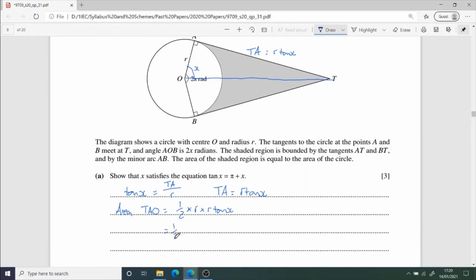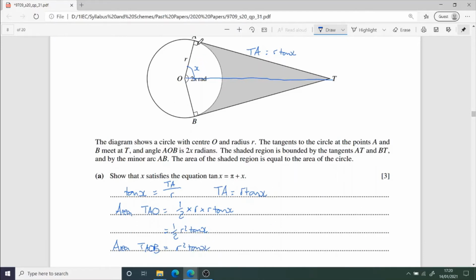So we have a half r squared tan x. This quadrilateral is made up of two of these triangles, so the area of TAOB is 2 times that, so just r squared tan x.